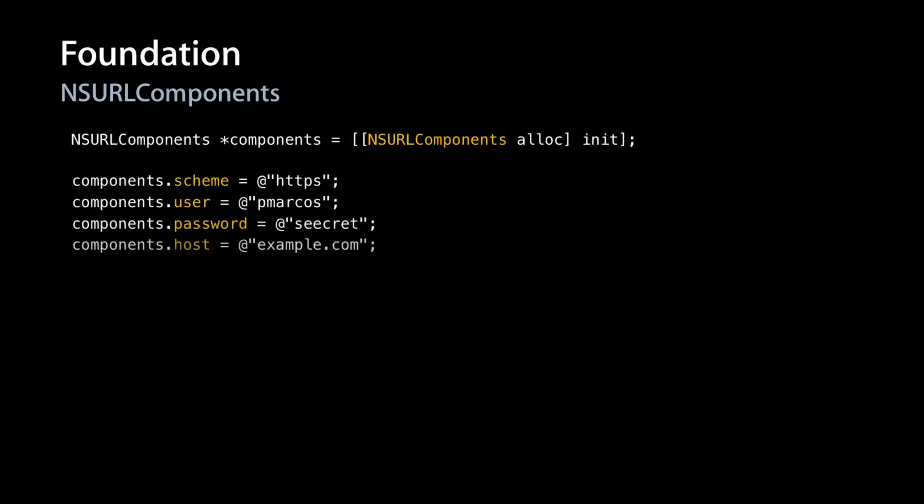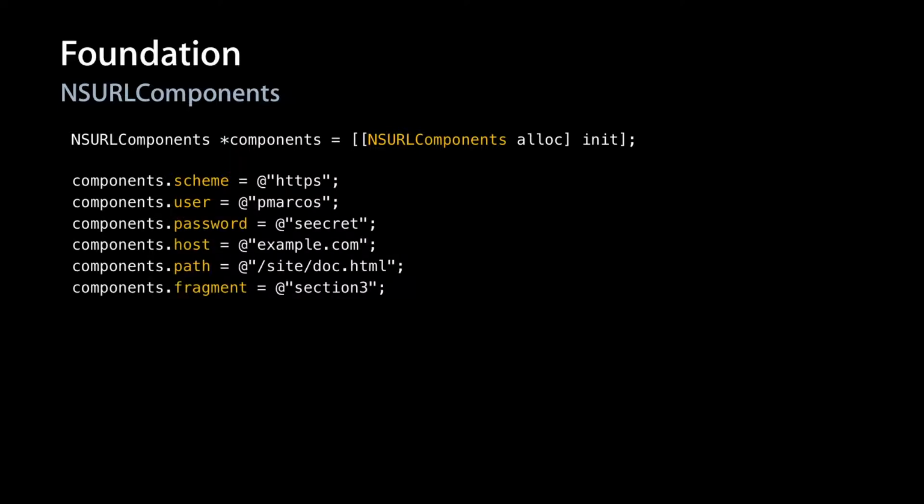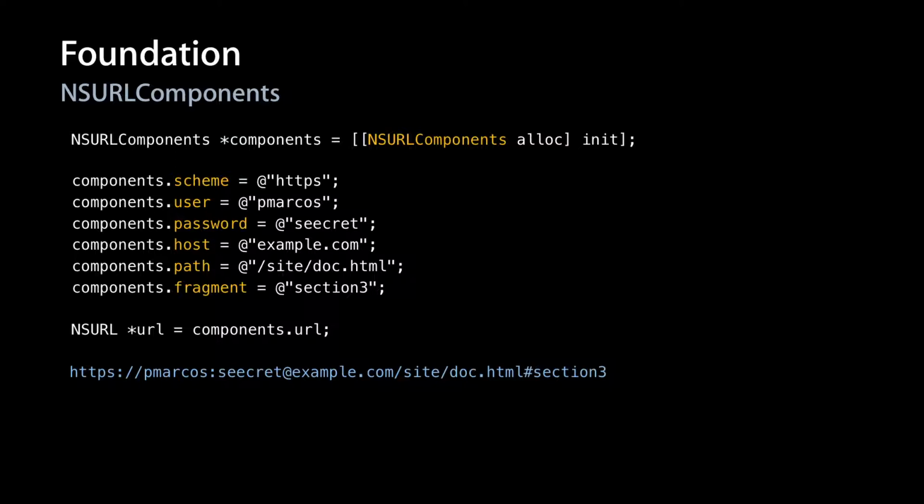By doing something like this, where you create an NSURLComponents object, you set some very well-defined, clear properties, and then once you've done that, you just ask the components, can I have a URL for that, please? And you'll get back a spec-compliant URL with percent escaping and everything. So it's useful for constructing URLs from scratch.